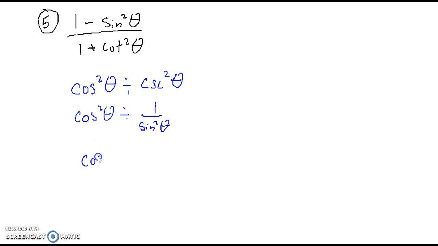Division is the same as multiplying by the reciprocal, and so you have cosine squared theta times sine squared theta. There's nothing else I can do, no other way to simplify it, just like that.